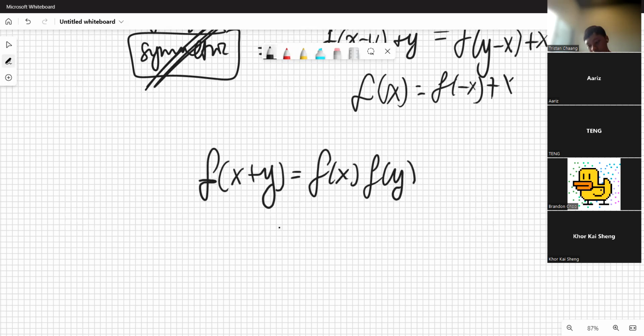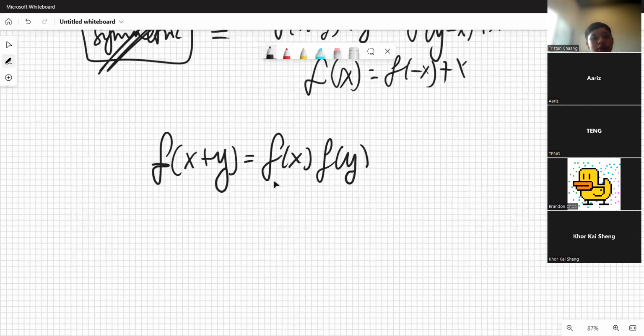And it's R to R. So this looks very familiar to the Cauchy equation, right? Except the fact that instead of adding on the right-hand side, you multiply. Whenever you add on the inside, you multiply on the outside. Can we transform this back into some Cauchy looking equation?